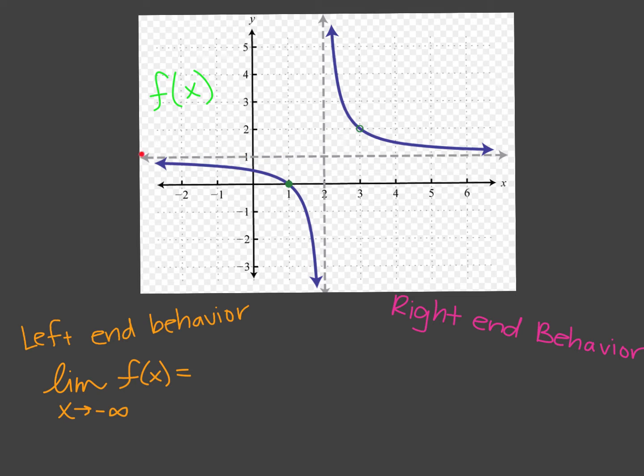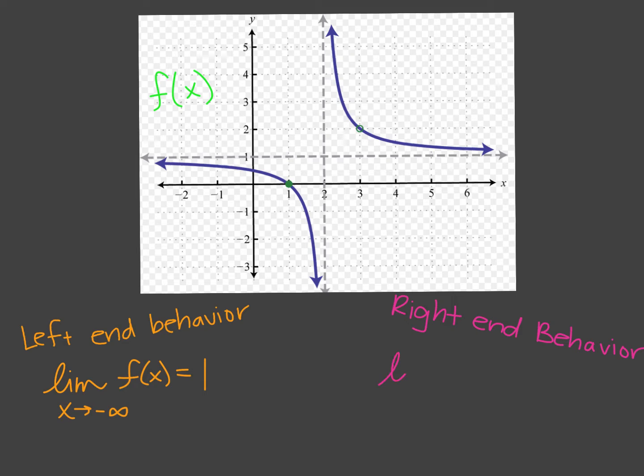They are approaching the y value of 1. This is our horizontal asymptote y equals 1 right here. So the limit as x approaches negative infinity is 1.